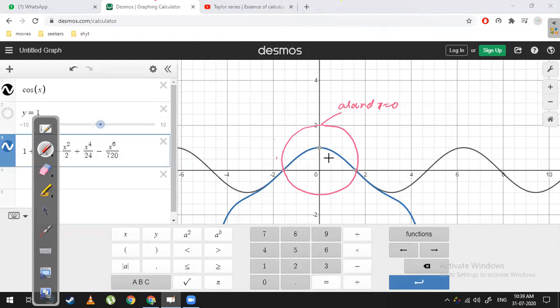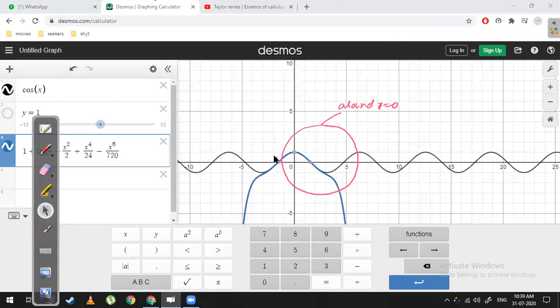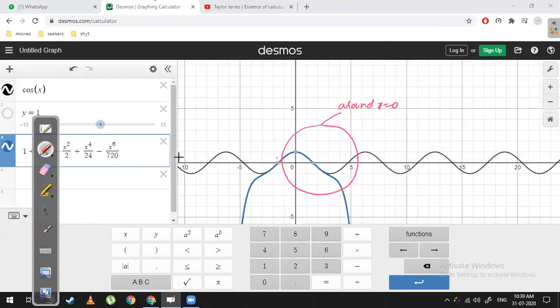So around x equal to 0 we get more and more approximation. But if we move out, this curve is actually different. This was the cos curve, and this was the approximation. So this approximation will only work around the point x equal to 0, which we are trying to approximate.